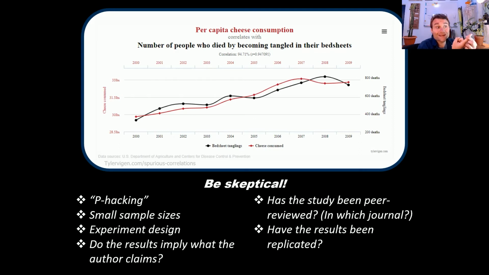So we need to wait for there to be replication studies and for sources of error to be analyzed and for other teams to come to similar conclusions and for a consensus to be established before we start saying, yes, okay, actually that is the new direction that we're taking things in. So have the results been replicated? Something that you could consider.